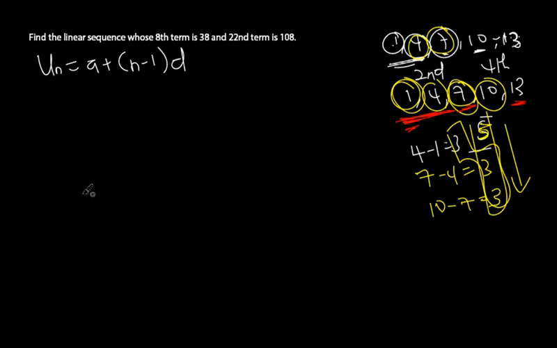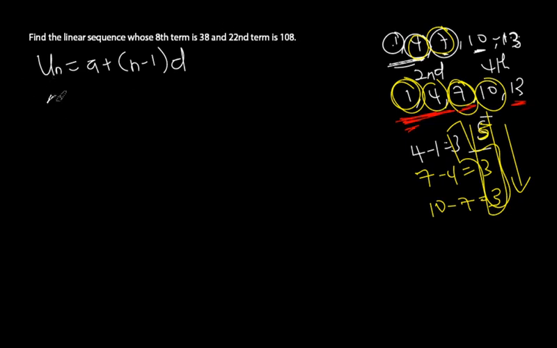The question is telling us the 8th term is 38. So for the first part, the nth term is the 8th term, which is 38, so the Un is 38.